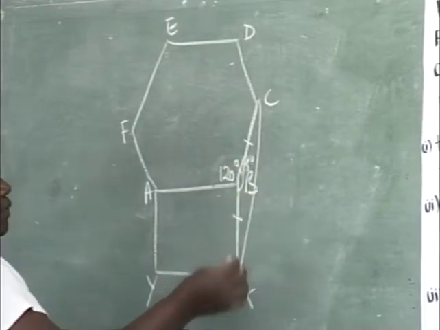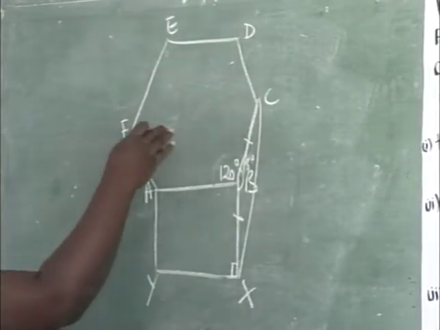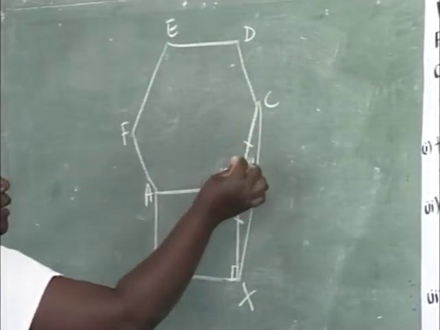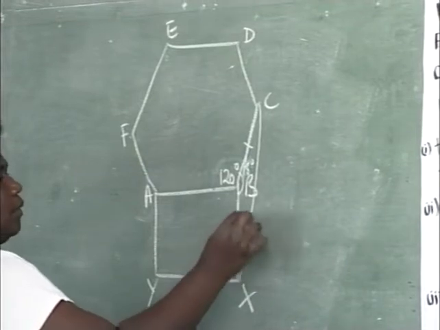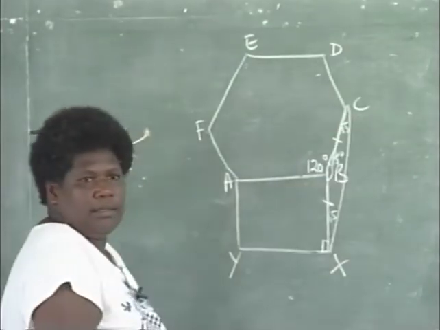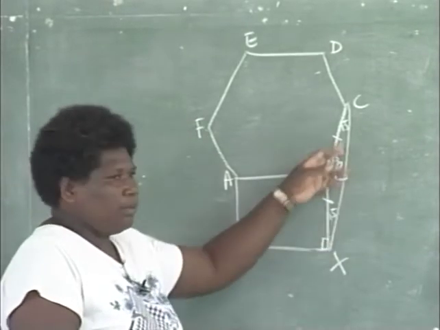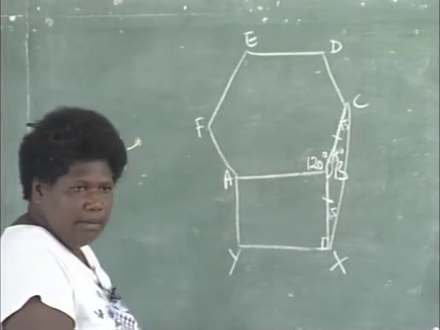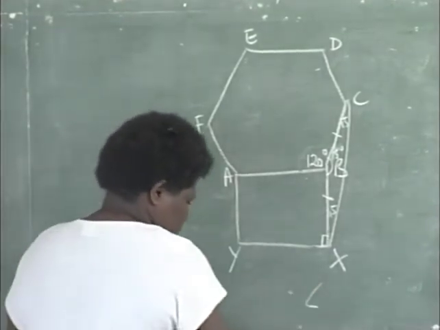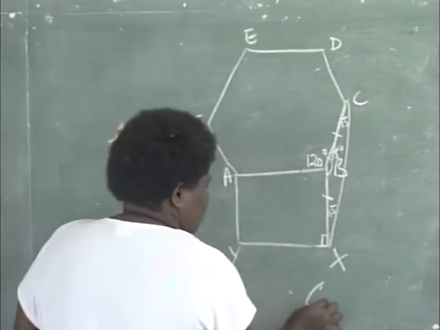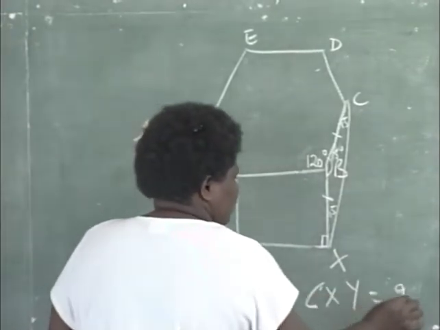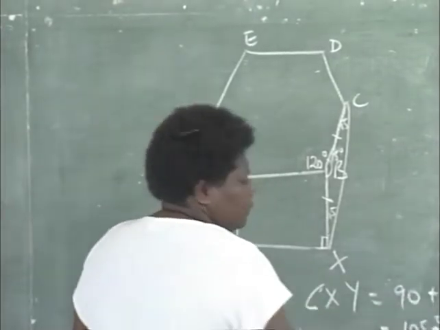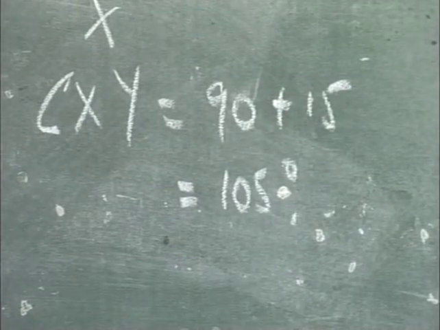So this is 150, but because it's a regular hexagon and it's a square, the lengths are equal. So 150 plus this one is going to be 15 and 15, because 150 plus 30 will give 180. So 15 plus 90 is 105 degrees. So angle CXY is equal to 90 plus 15. Clear? Okay.